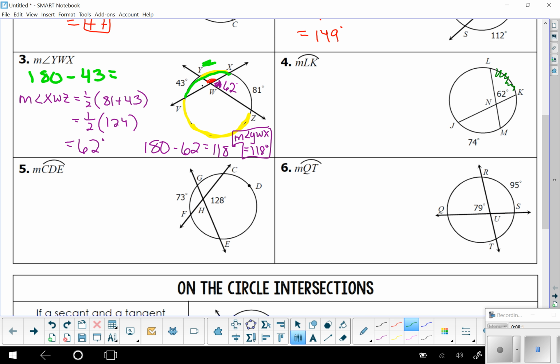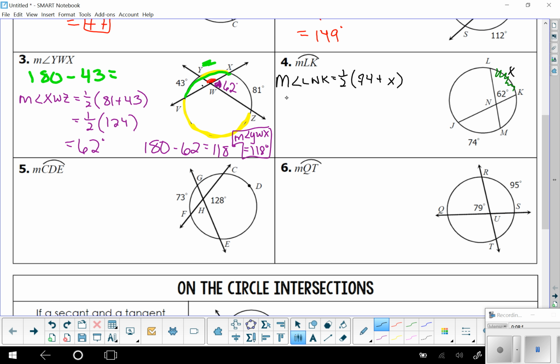So the formula is the measure of angle LNK is equal to 1/2 74 plus, let's let this be X.